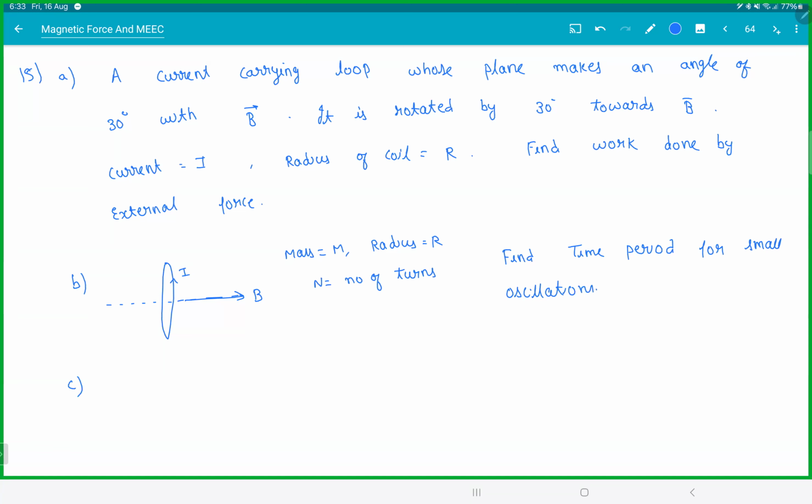All the small questions, I'm keeping them together. So we have three coils, carrying current I. Three circular coils along the XY plane, YZ plane, and XZ plane with a common center.